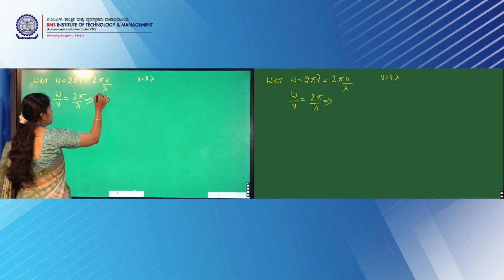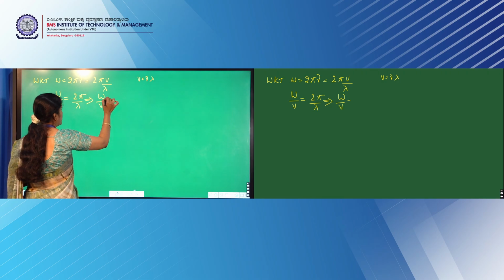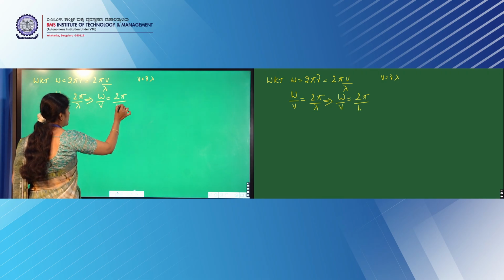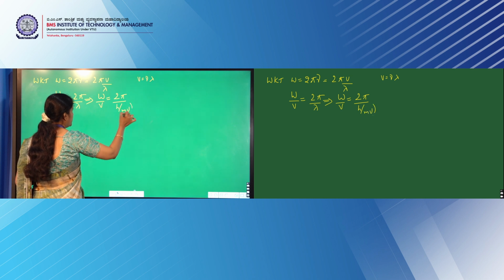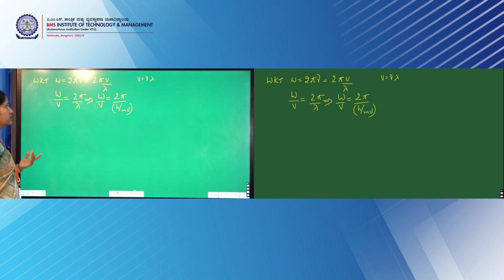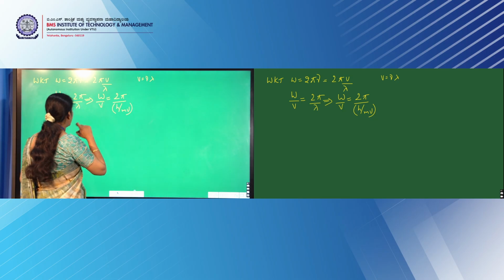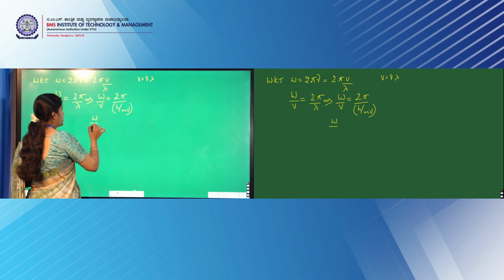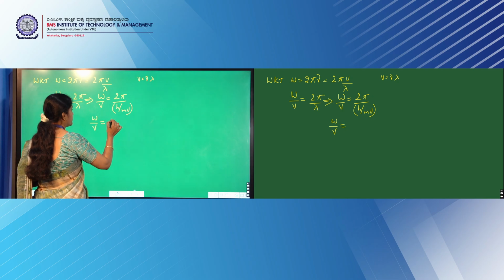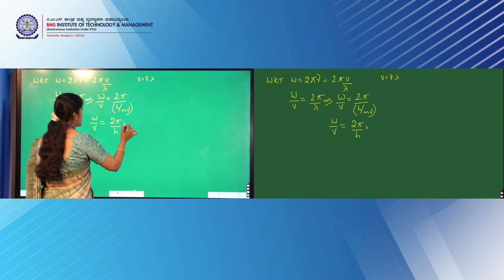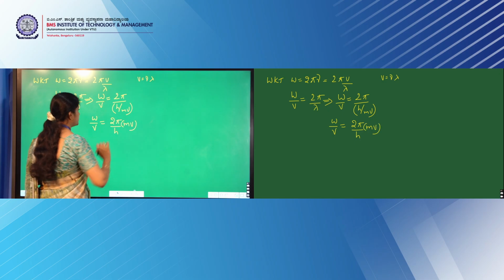In turn, lambda is h by mv. We can substitute here and we can write omega by v as 2 pi by h into m into v.